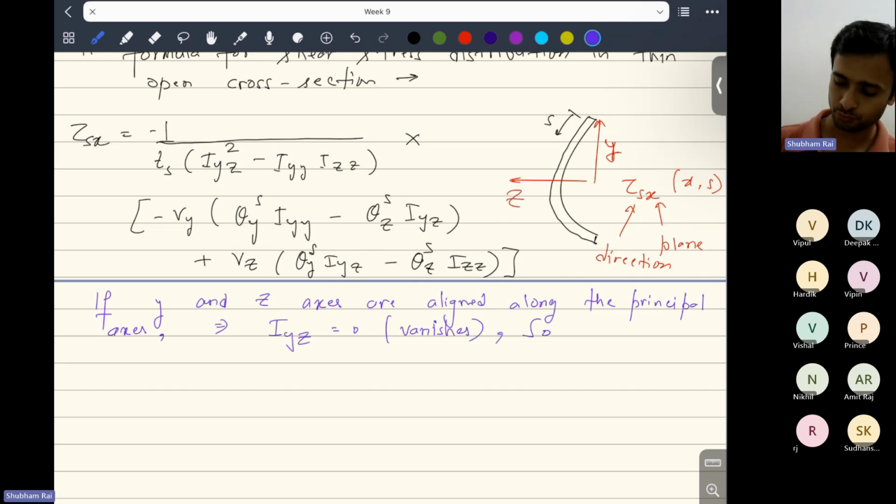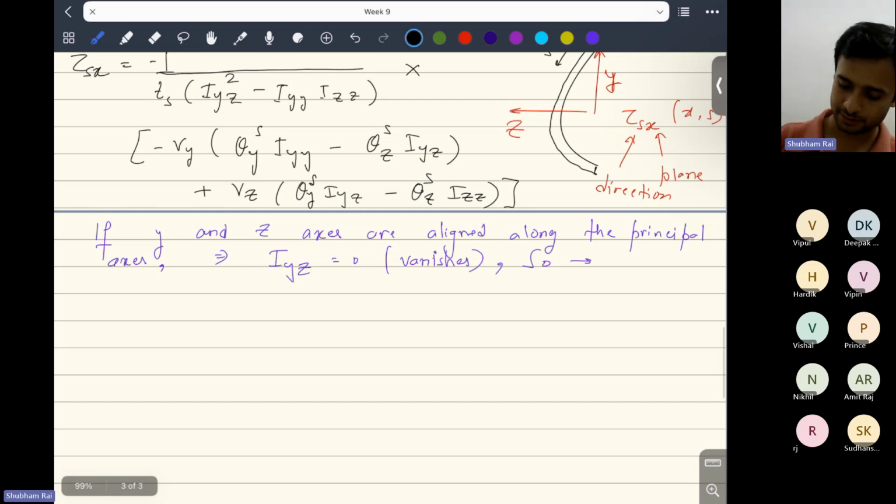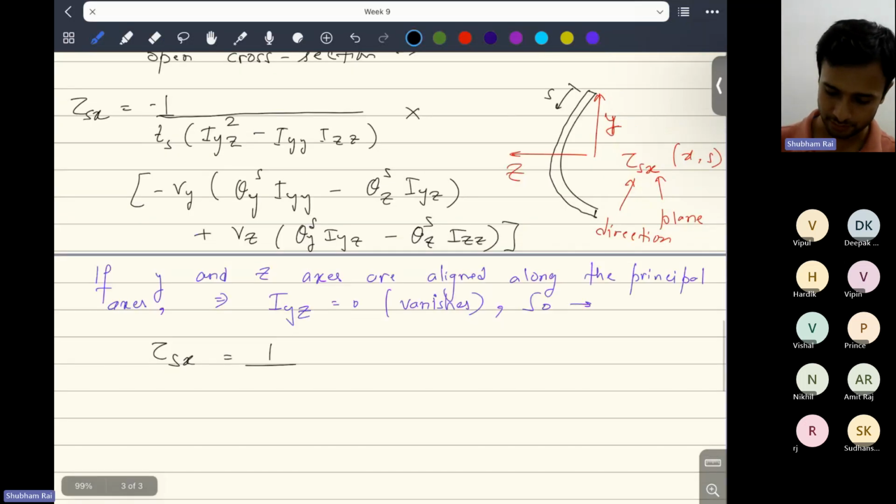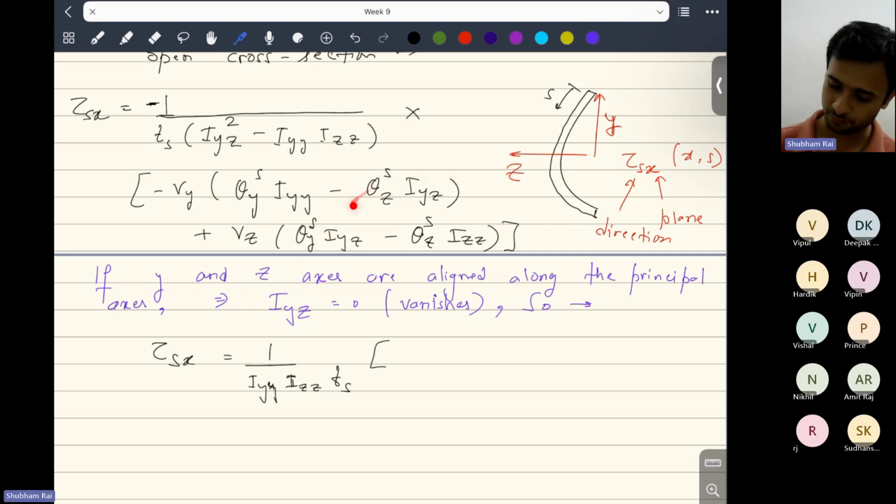So the formula will reduce to tau Sx will be, just put Iyz equal to 0. Minus is already there, so 1 over Iyy Izz times Ts, right? In the bracket, what will be left? This term will go to 0, this term will go to 0.